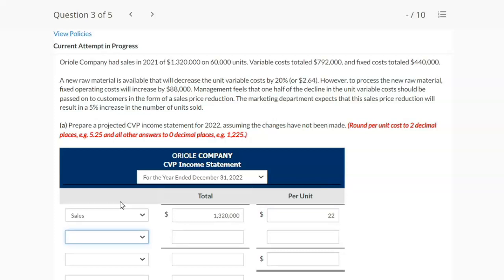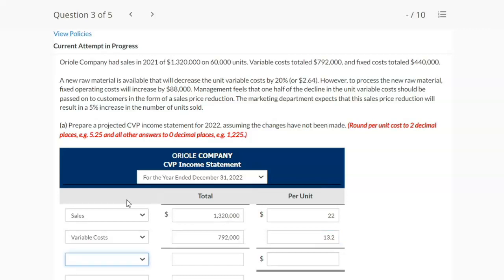Variable cost, 792,000. Divide that by 60,000 and get your unit, 13.2.